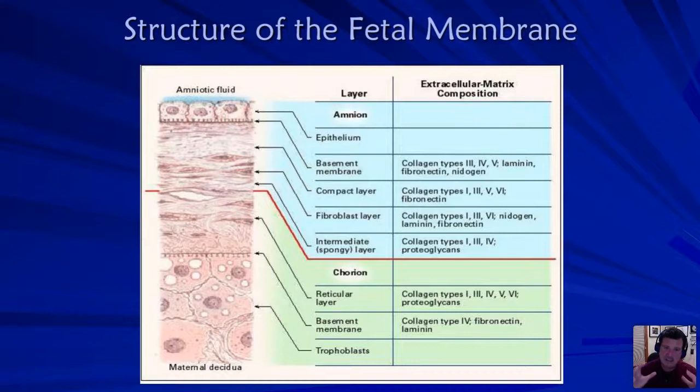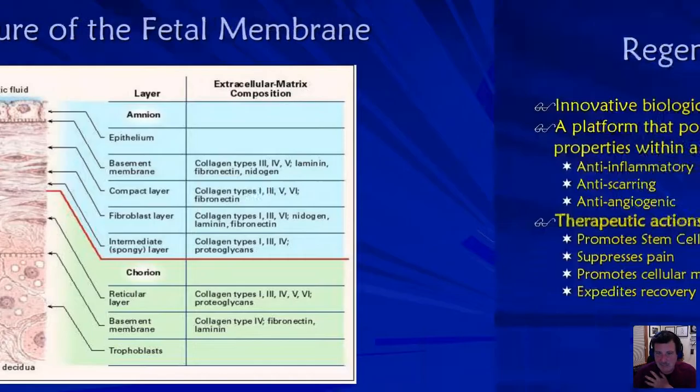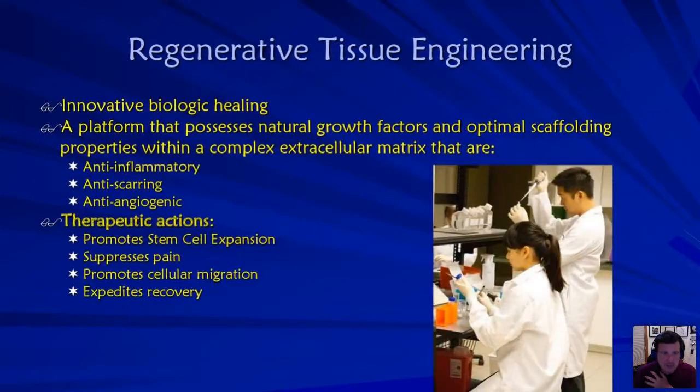So it's kind of nice that you have these stem cell-like activity in the amniotic membrane, and that's how you start steering towards that regenerative process rather than that passive or repair. So it's really going back to this regenerative tissue healing, the anti-inflammatory, the anti-scarring, and the anti-angiogenic.